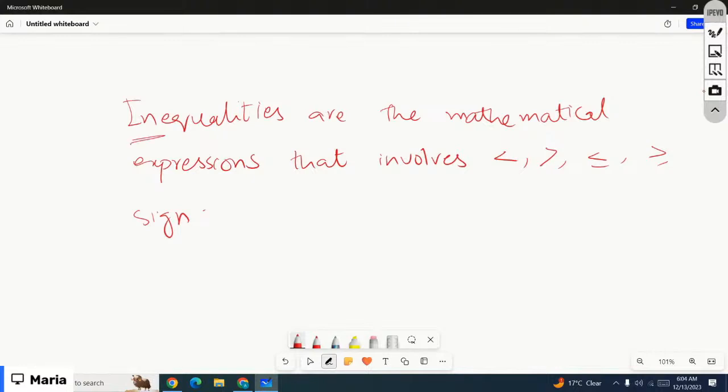They don't have equality, because they are inequalities. If you have a mathematical expression written with an equality sign, it is an equation. And if you have a mathematical expression written with less than, greater than, less than equal to, greater than equal to, that is the inequality, right?